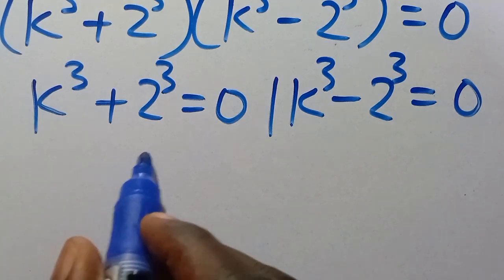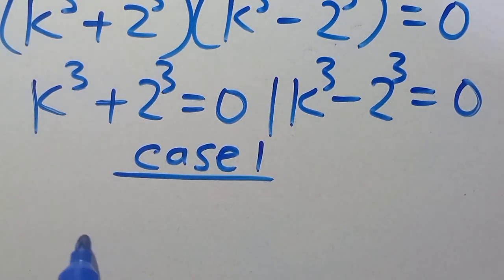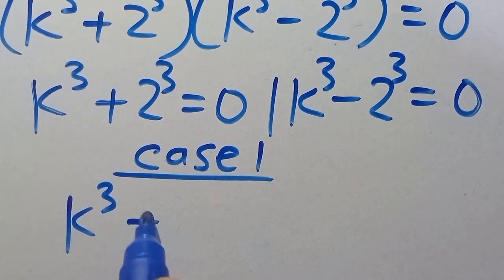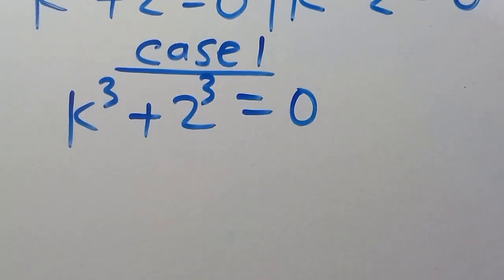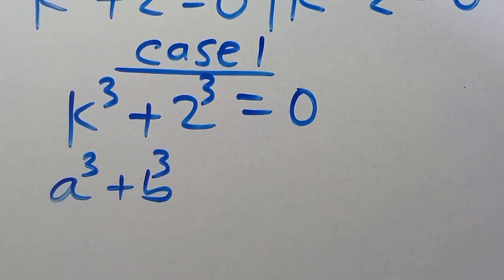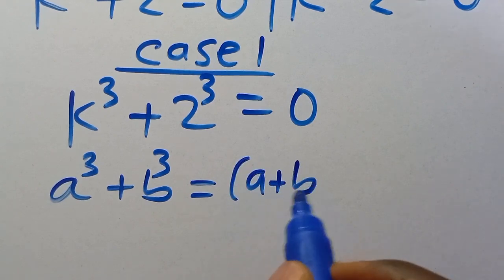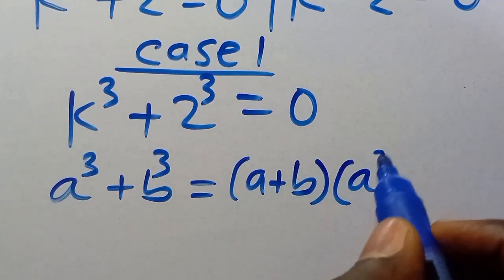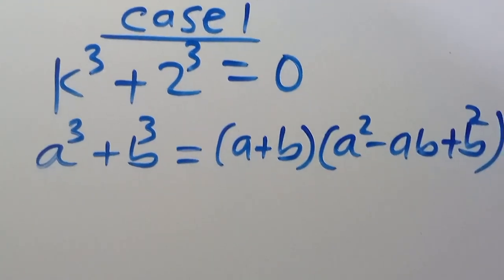So let's say case 1. We have k to the power of 3 plus 2 to the power of 3 equals 0. We have a to the power of 3 plus b to the power of 3, and this equals a plus b multiplied by a square minus ab plus b square.